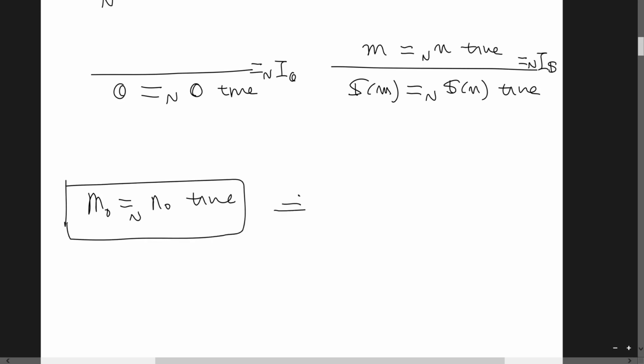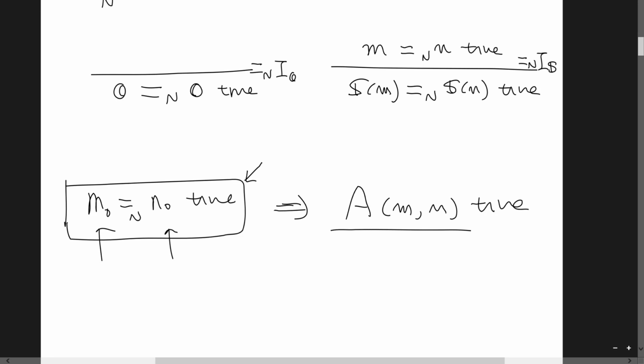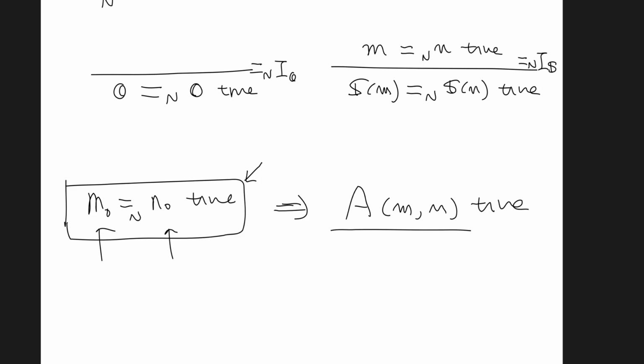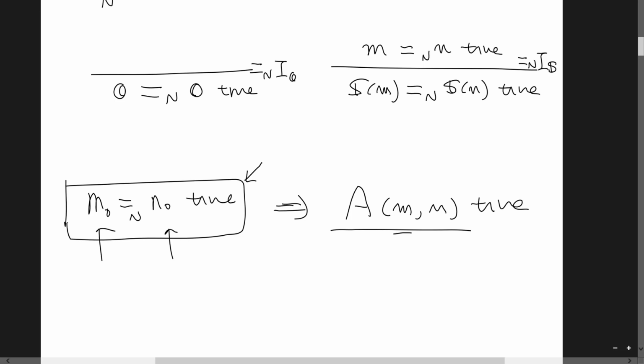And we'd like to show that whenever two terms m0 and n0 satisfy this judgment, we will prove that A of m0 n0 is true. And this predicate can be quite complicated. It can be any arbitrary predicate that involves this m0 and n0.